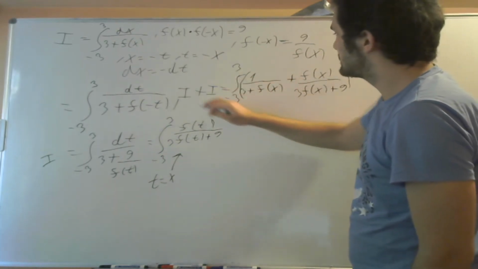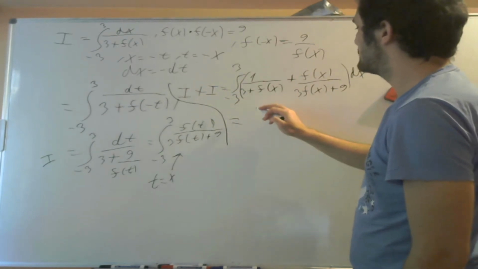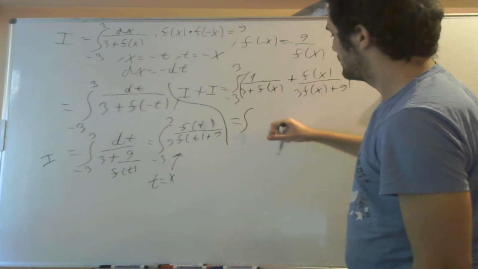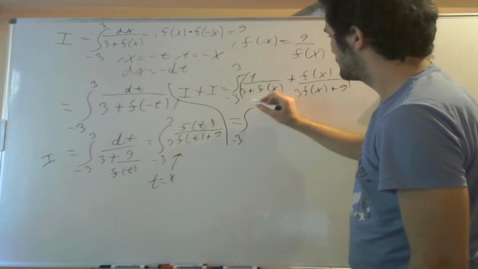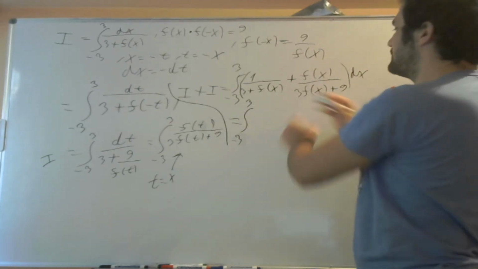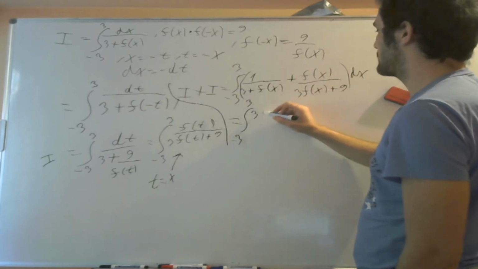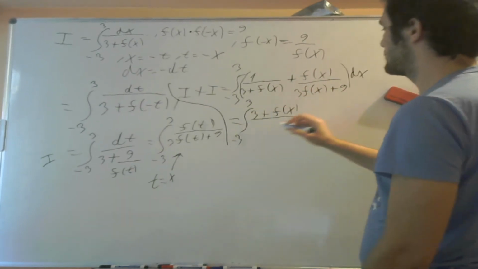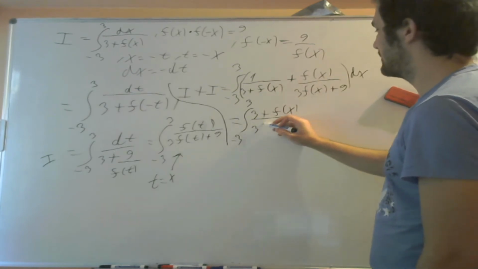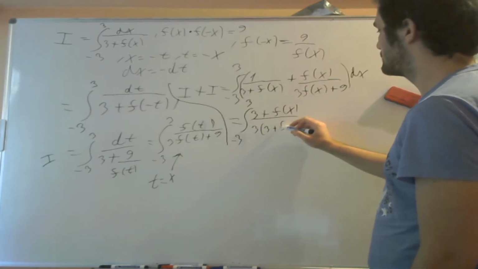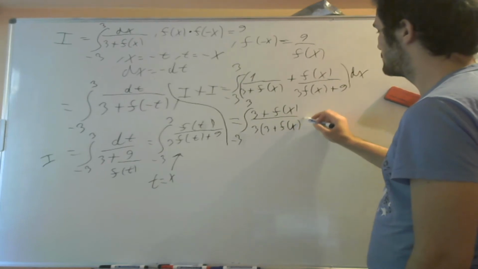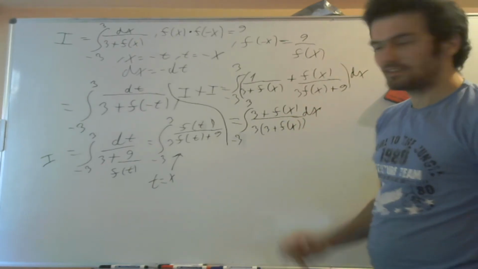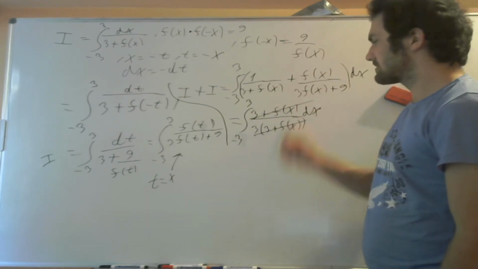And so we will have the integral from negative 3 to 3, 3 times 1 is 3 plus f of x, and now just the 3 times the thing we had here. As you can see, these two things will cancel out.